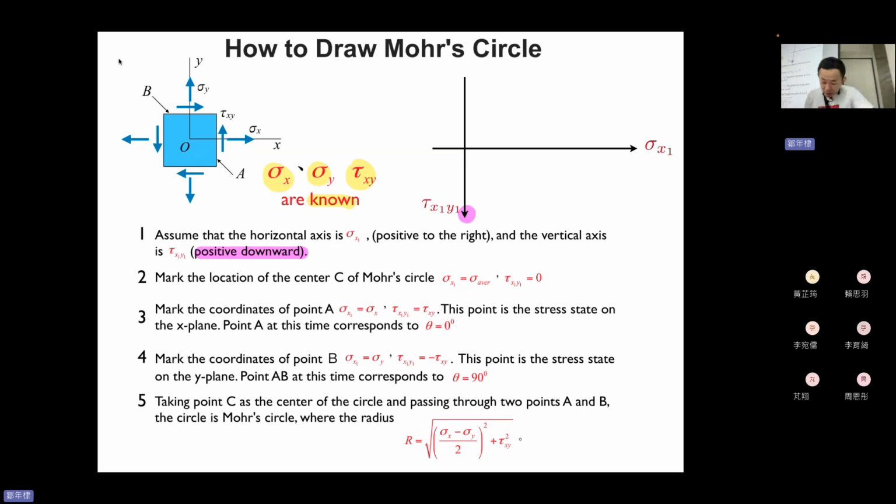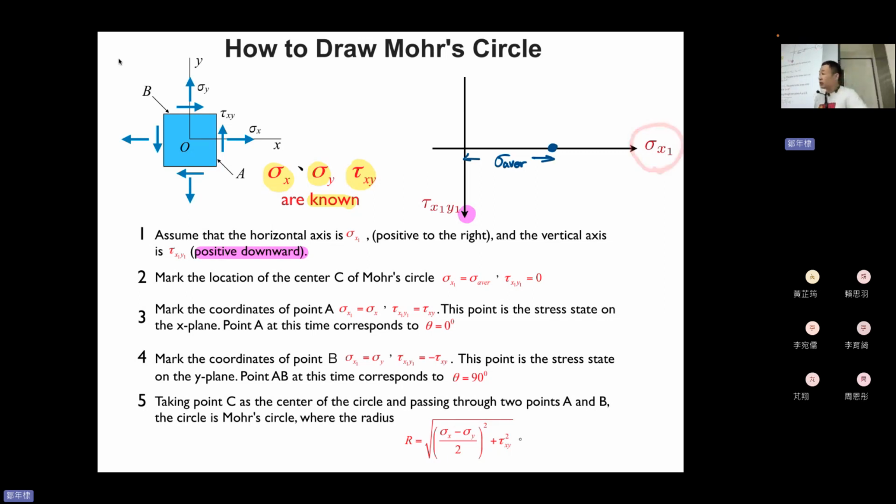All right, so you set the location of the center C of the Mohr circle. Sigma x1 is sigma average, and tau x1 y1 equals 0. So, for example, this one is sigma average. It's on the axis sigma x1, because tau x1 y1 equals 0.